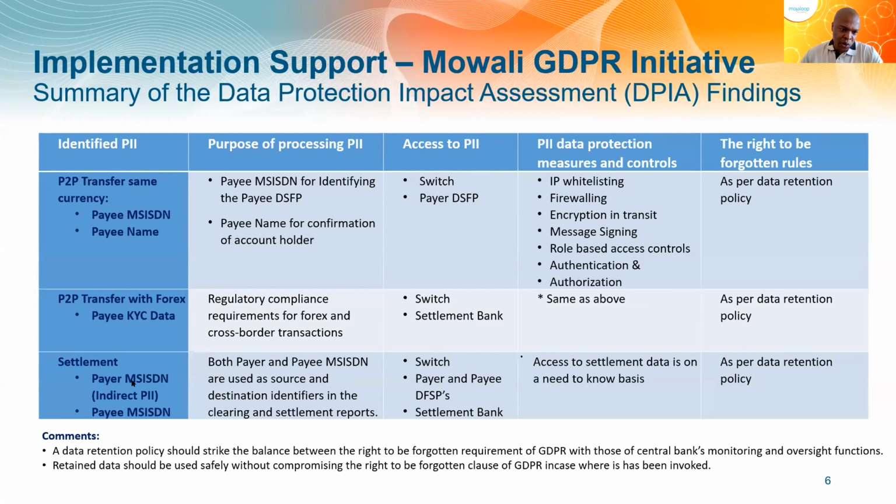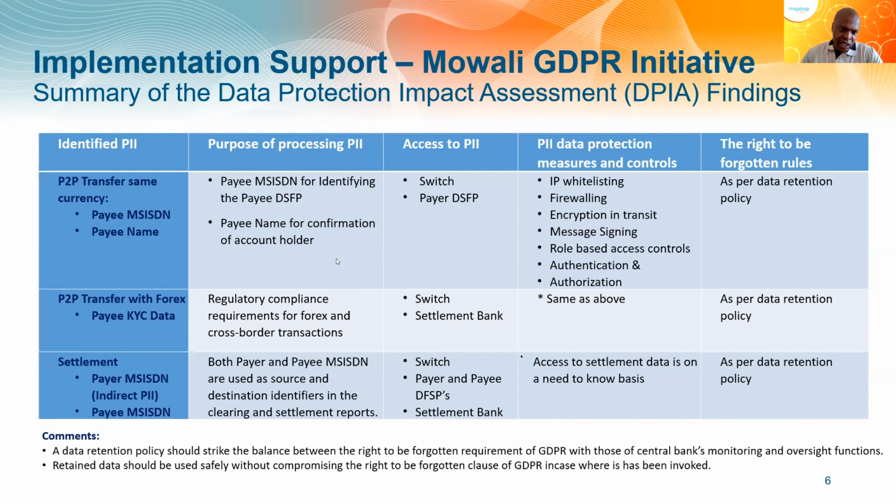So this gives you a quick roundabout of what we have done for Mowali, broken down per process. We looked at P2P transfer, same currency, P2P transfer with Forex, as well as settlement, as the first key processes that Mowali is currently concerned with.